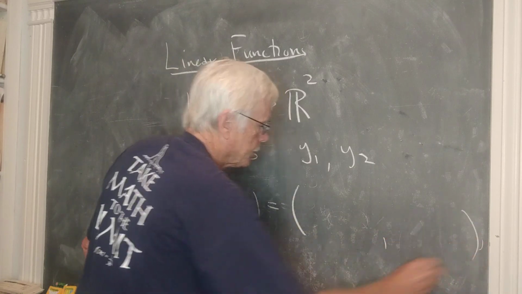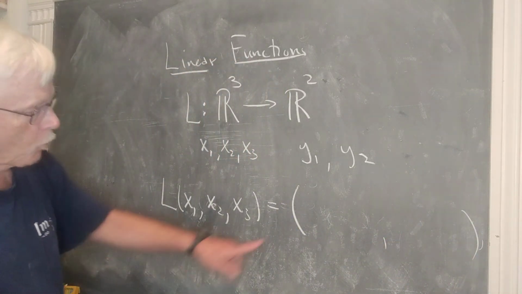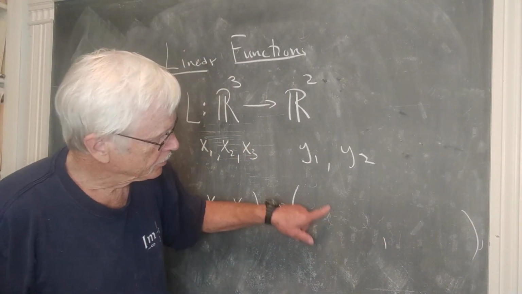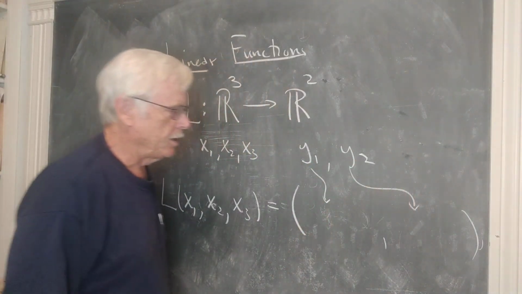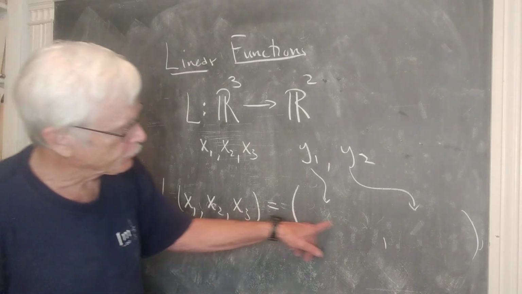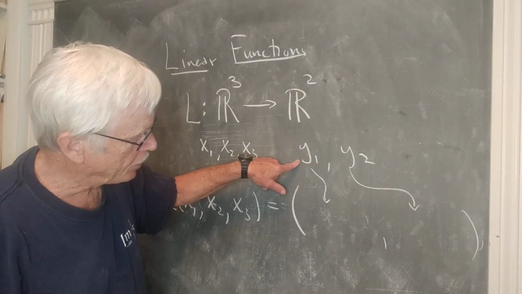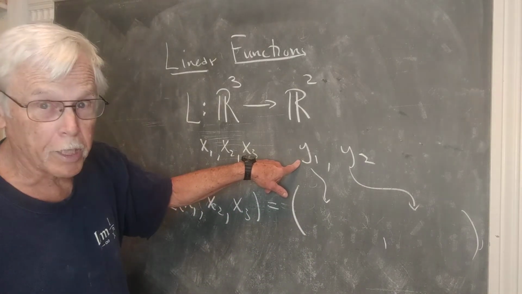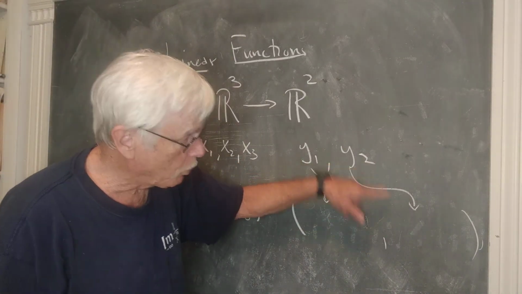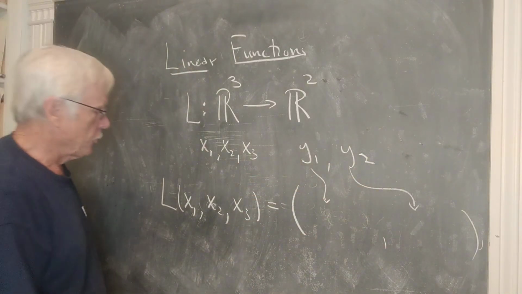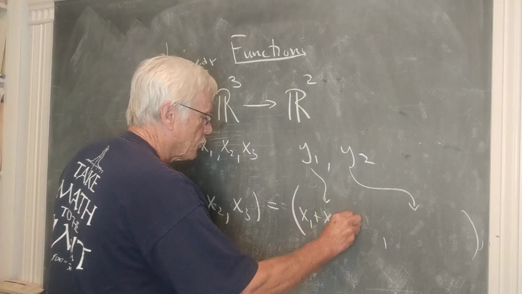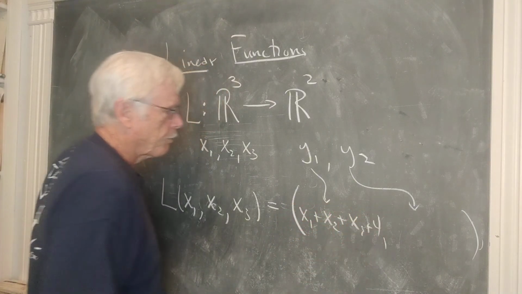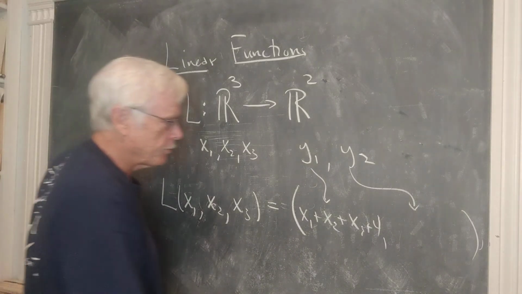Typically, the y's are placed in order in the range here. So the first entry here will be an entry for y1. It's what y1 will equal. And the second entry will be what y2 is equal to. So this could be something like x1 plus x2 plus x3 plus 4. That's a linear equation.